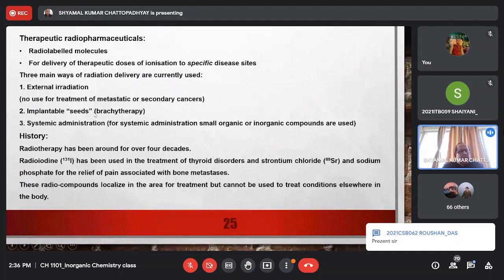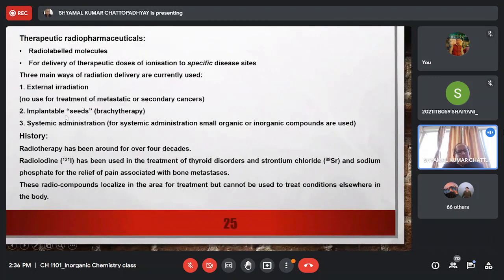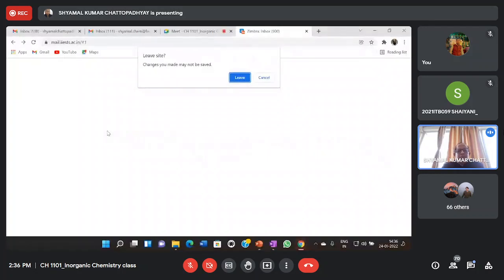For instance, suppose you have a throat cancer, so sometimes some cobalt-60 source is implanted on your cancer cells for a certain duration, and then it is removed. So it can be implantable seeds, which is called brachytherapy, or it may be systemic administration of certain radioactive molecules in the form of injections.